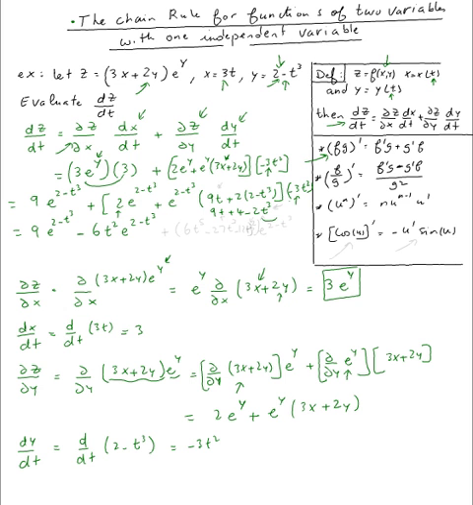Then I'll multiply it by this one, and put e to the (2 minus t cubed) on this side.